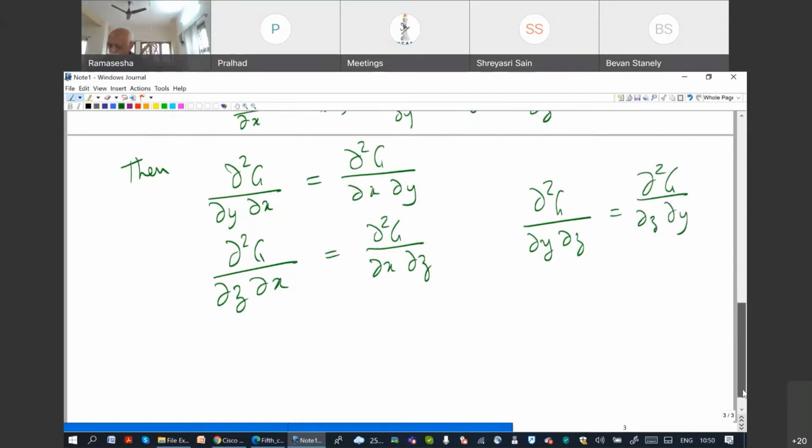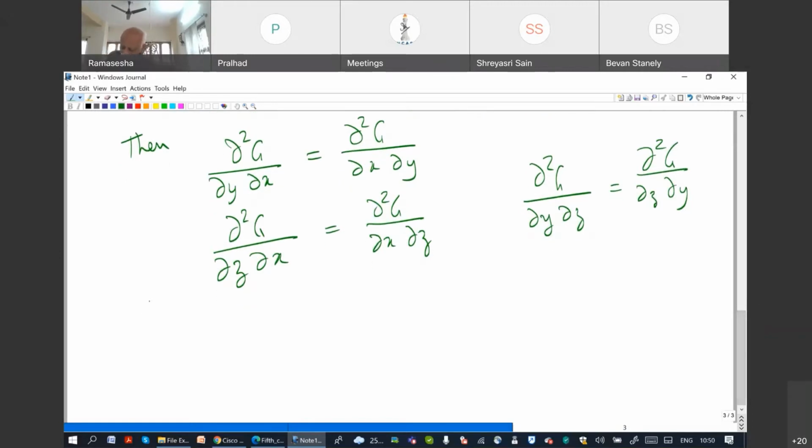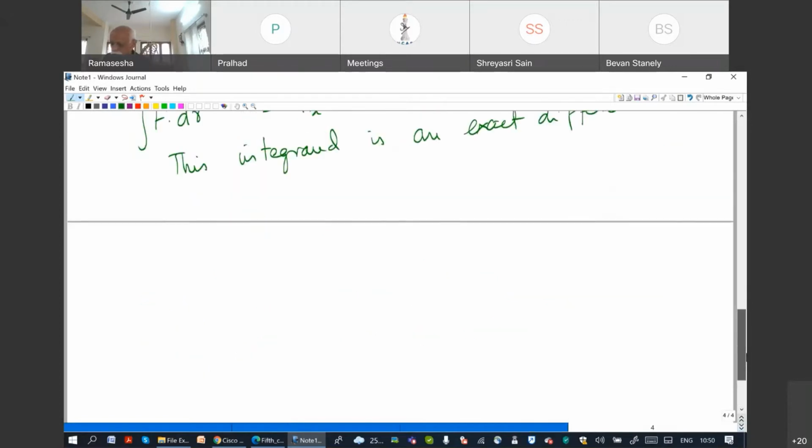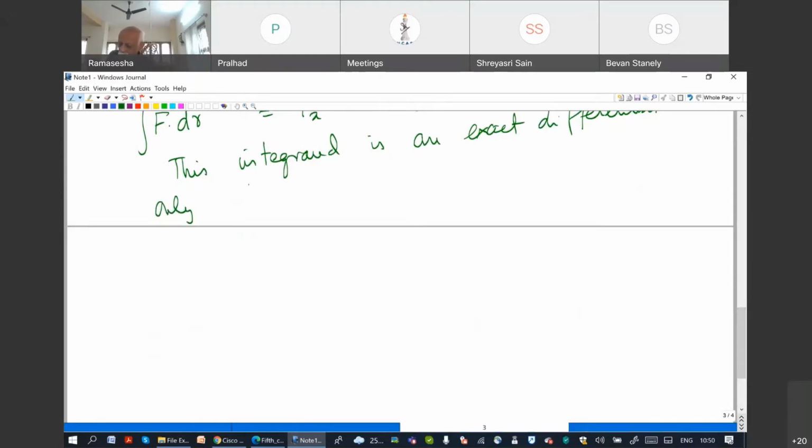Okay, so what it means is the following. If I write the integral of F dot dr as fx dx plus fy dy plus fz dz, this integrand is an exact differential only if del fx by del y is equal to del fy by del x, because in that case fx is equal to del g by del x and fy is equal to del g by del y.